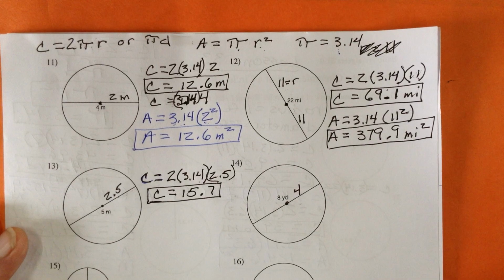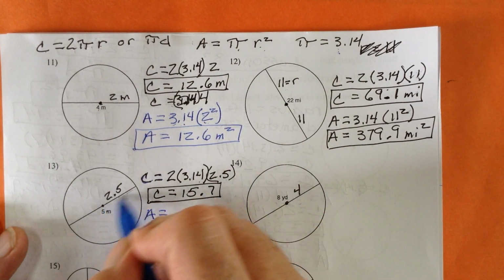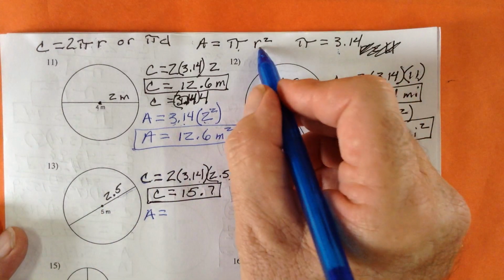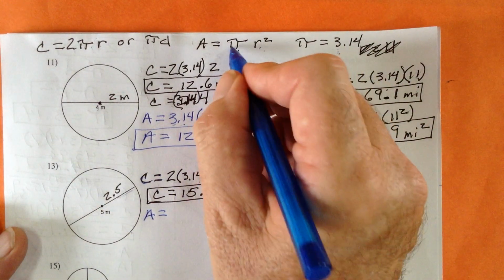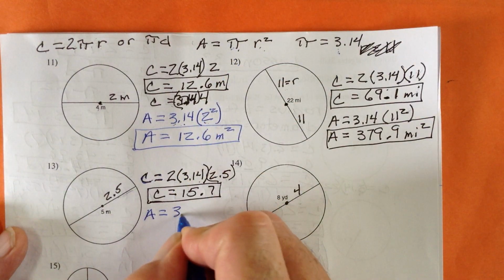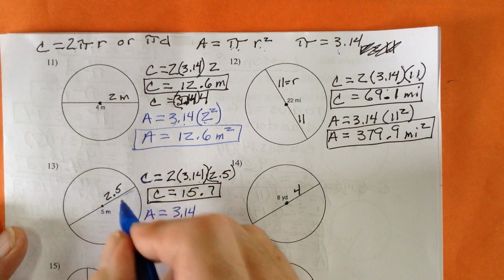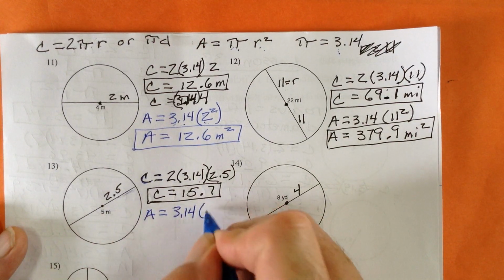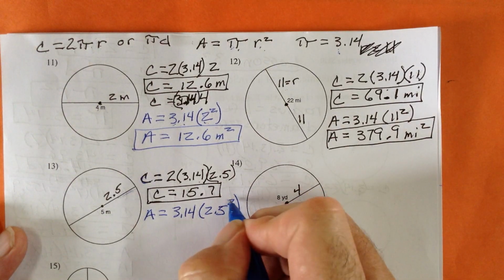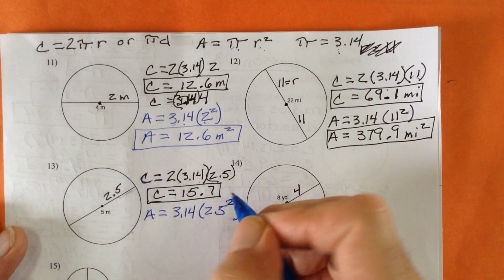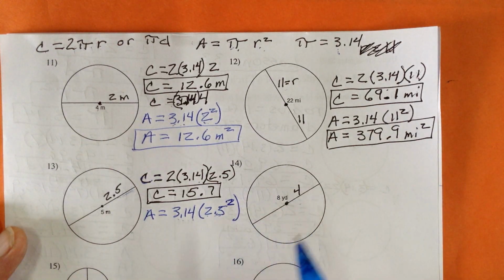Okay, to find the area, I have to use the radius. So the area is pi, so that symbol turns into 3.14. The radius is 2.5, 2.5 squared. This is a big miss here. People go 3.14 times 2.5 and they think that's it.